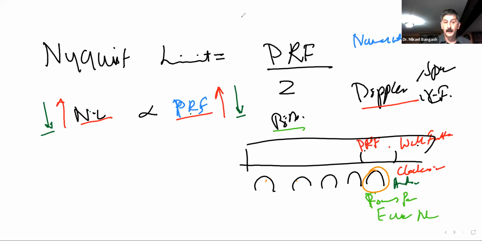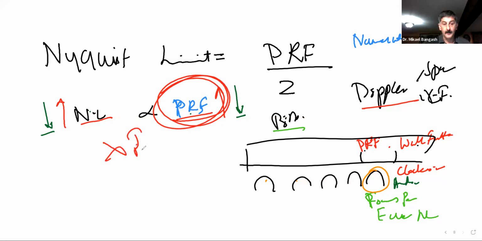Is that clear? Now, please keep in mind that it is the PRF, and not the frequency, that will be increased to increase the Nyquist limit and get rid of aliasing.